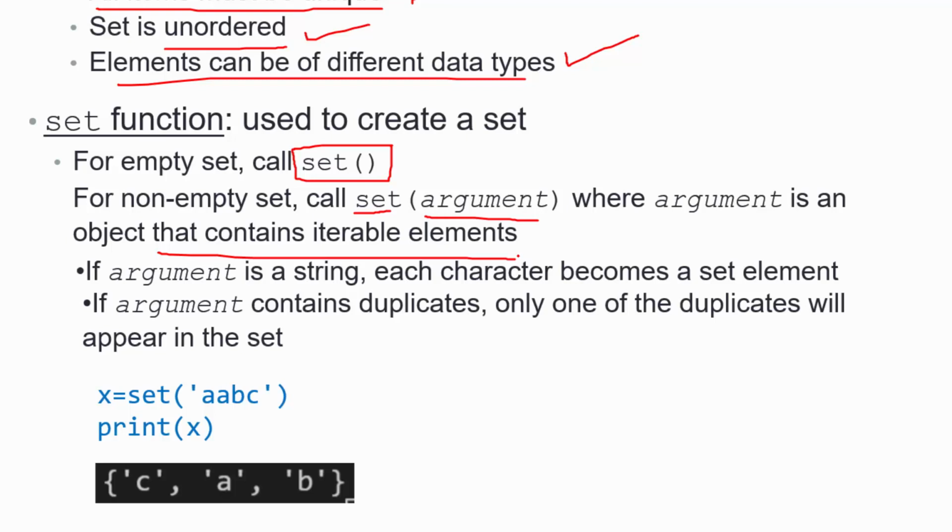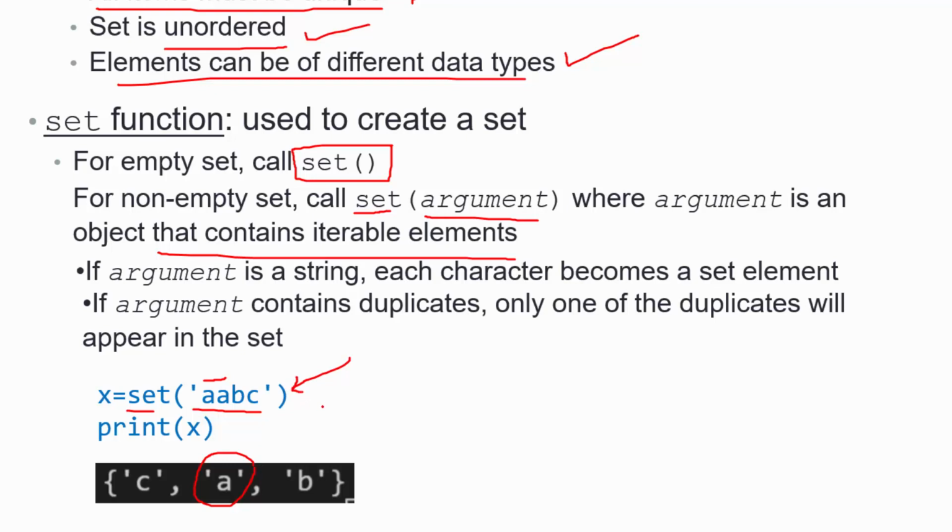So let me show you this in an example. Here, if you say set of "ABBC", see the B is available twice. What will be put in the set is one of each of them, no duplicates. So the letter B is only available once in the set. Maybe you thought the word itself will be put in the set, but no. If you have words, there is another way to do it.